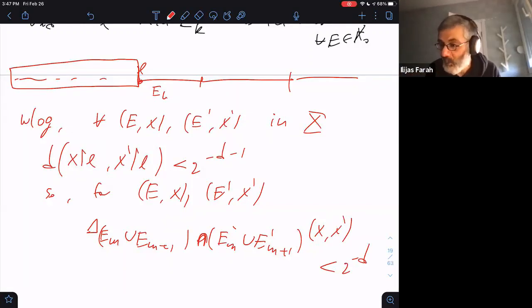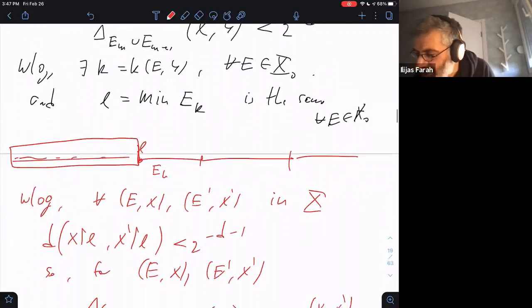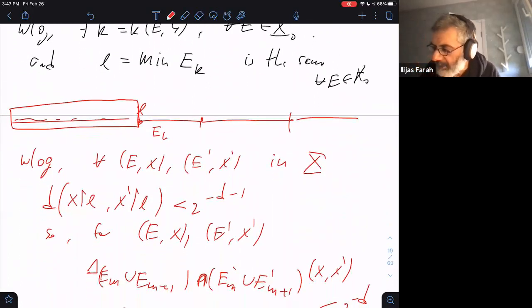Because up to this point the distances are small, and after this point they are all close to that. Or, oh wait, this was E y, sorry, I started writing E x at some point. These should have all been y's.